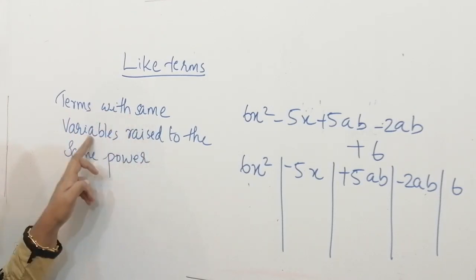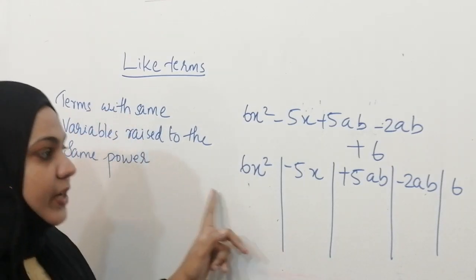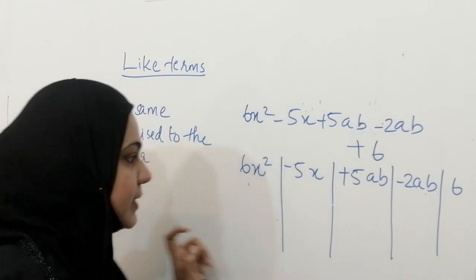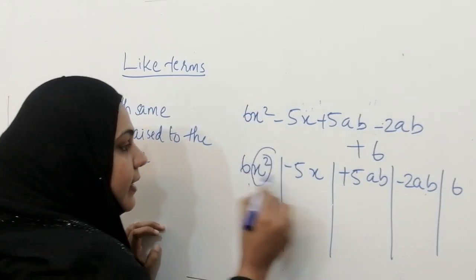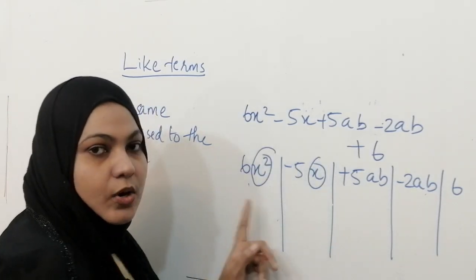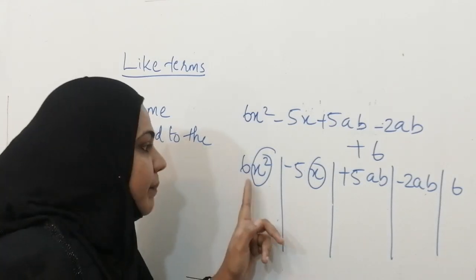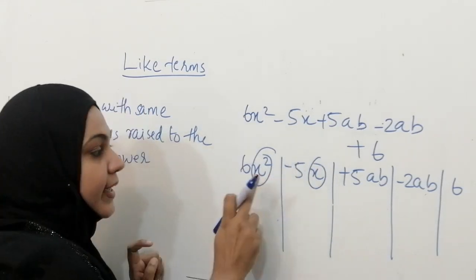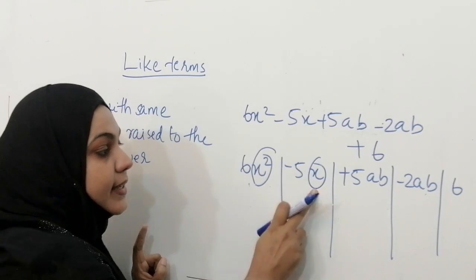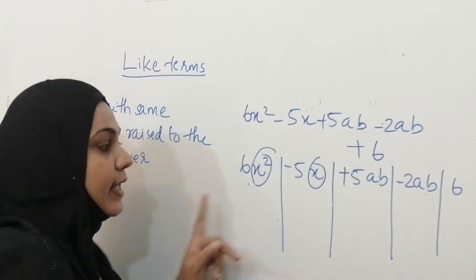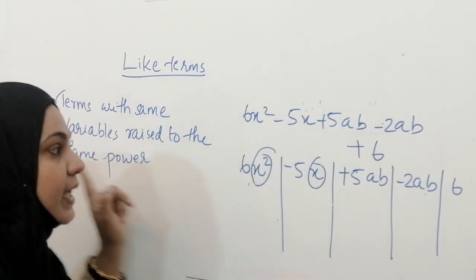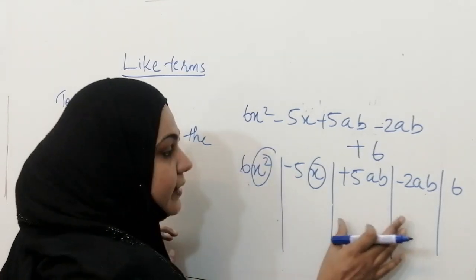Terms with same variables. Which terms represent the same variables? Here you can see this is x square and the second one is x. This is not the same variable because the power is different. Here x is raised to the power of 2, here x is raised to the power of 1. So we can't take these two as similar variables. Let's check this one.